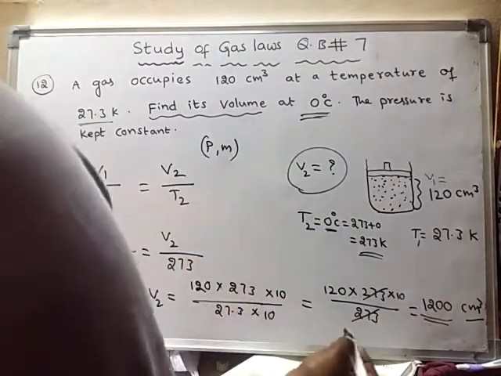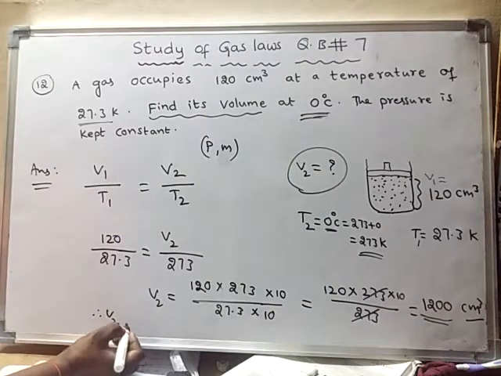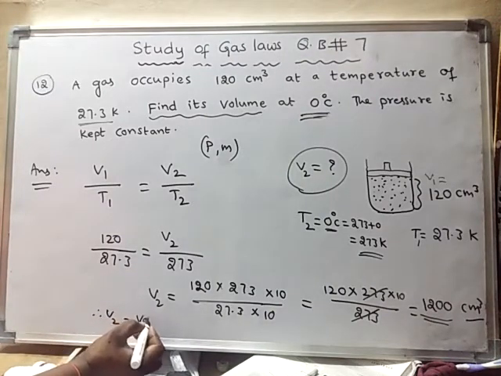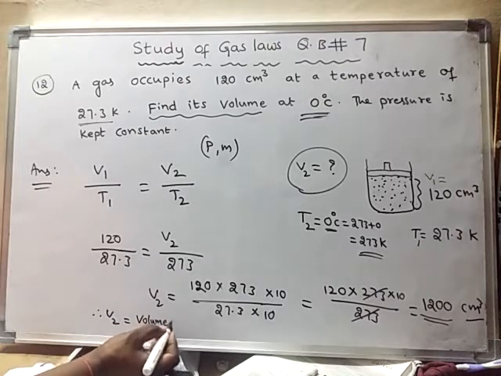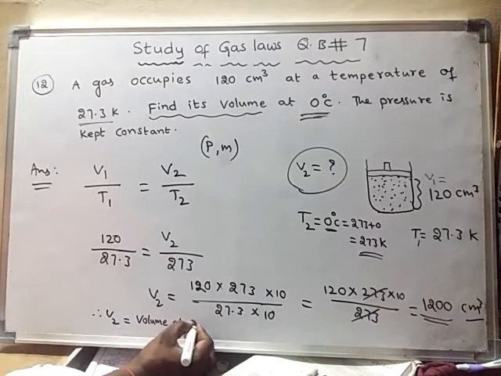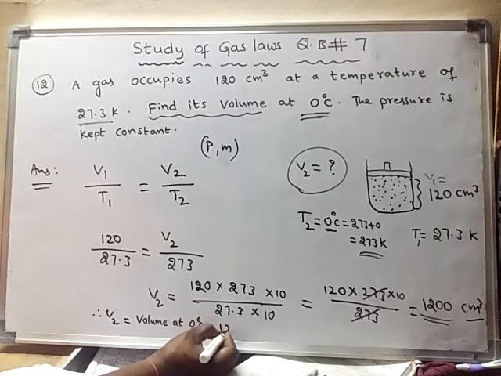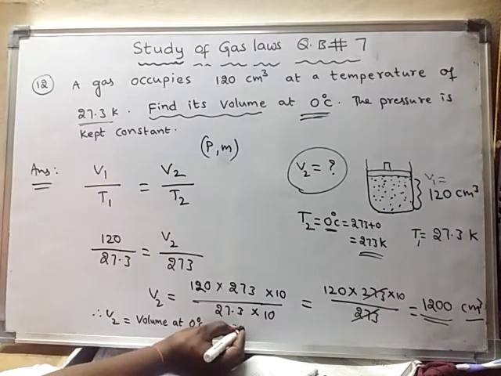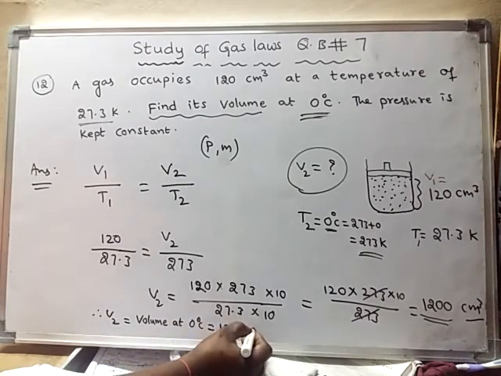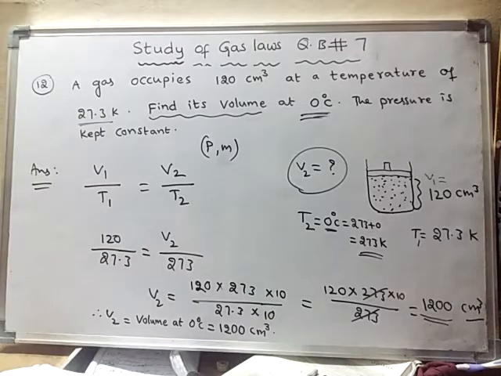Therefore V2, the volume of this gas at 0 degree centigrade, is equal to 1200 centimeter cube.